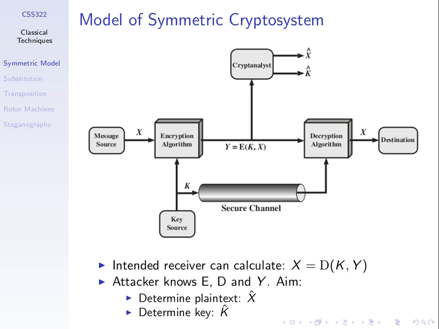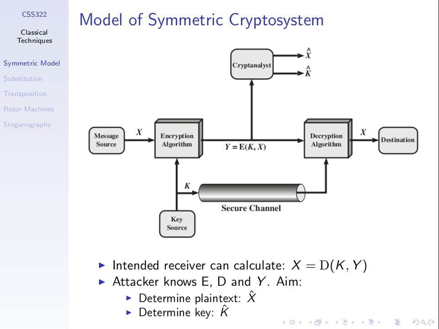They apply the decryption algorithm using the same key K and the received ciphertext Y, and they get the original plaintext X as an output. That's the recipient shown here. The intended receiver can calculate the plaintext if they know the key and if they have the ciphertext. Ciphertext is public, everyone knows it. Decryption algorithm is public, everyone knows it. Key is secret, only the source and destination know the key.